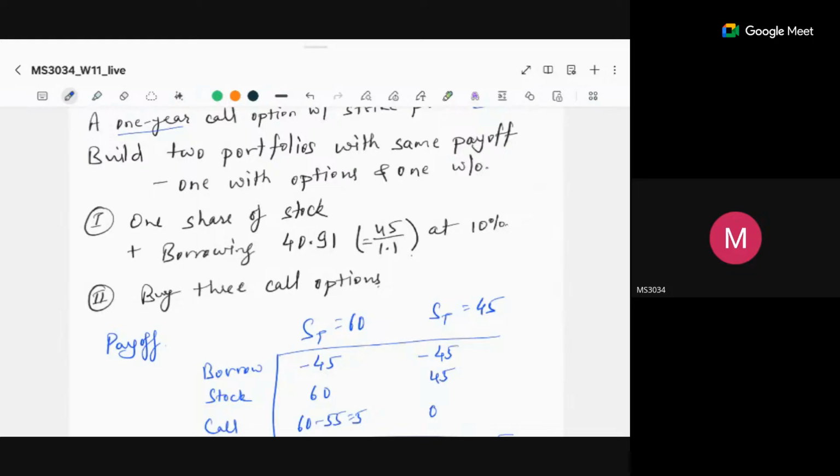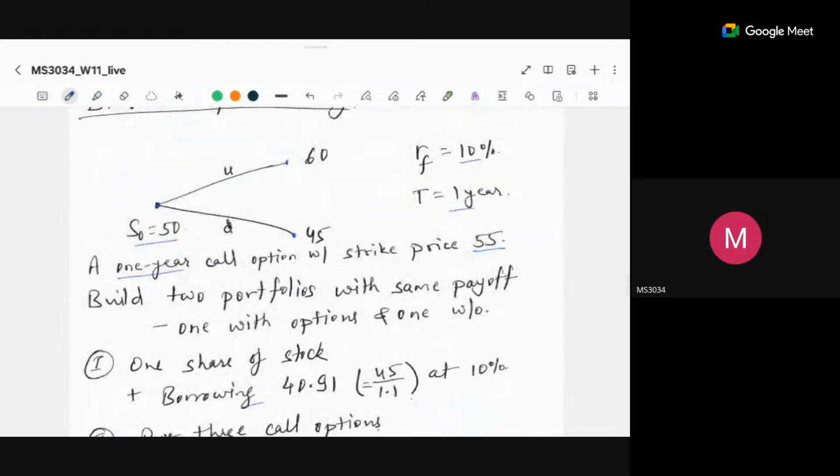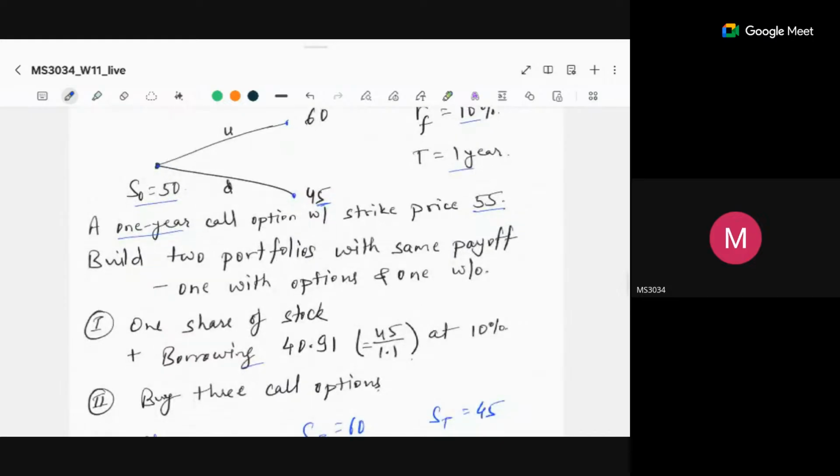So how do you build these two portfolios? The first portfolio is: you buy one share of the stock and you borrow an amount equal to the down stock price, so that much you borrow from the market.